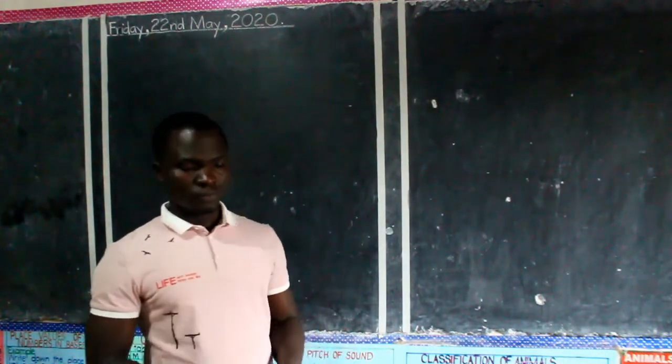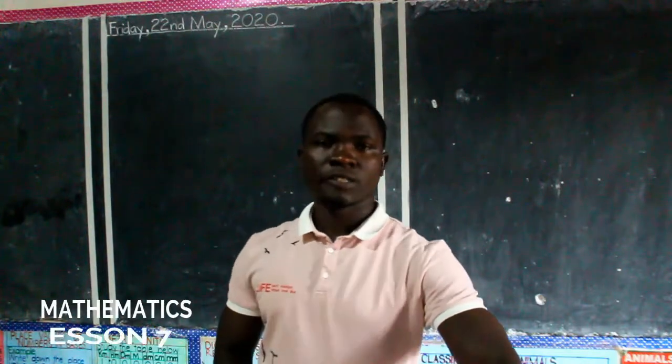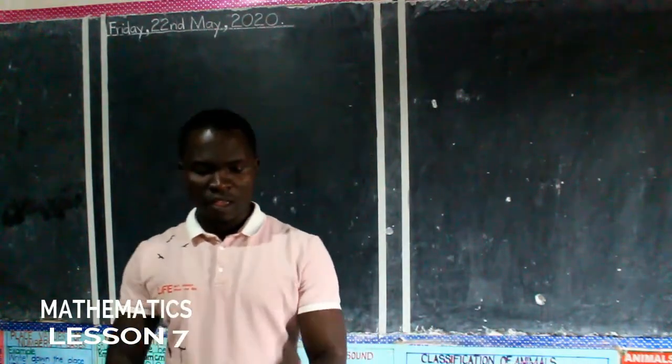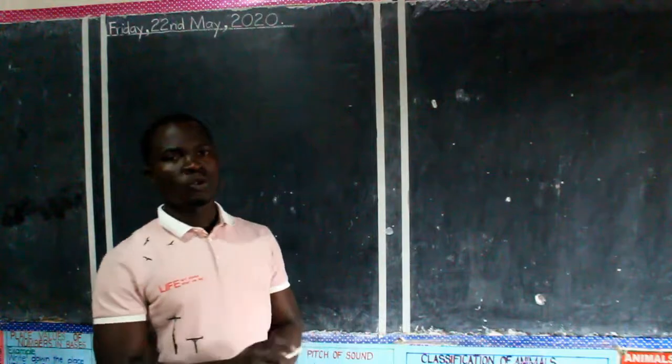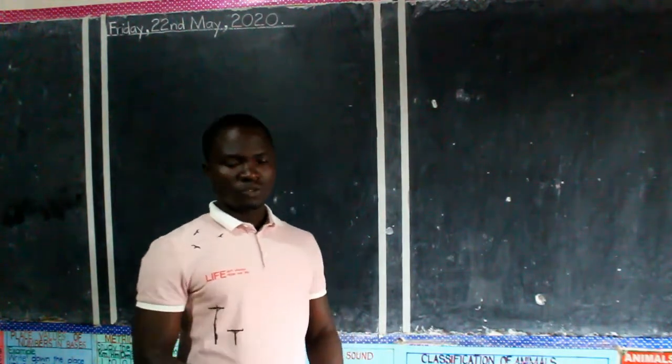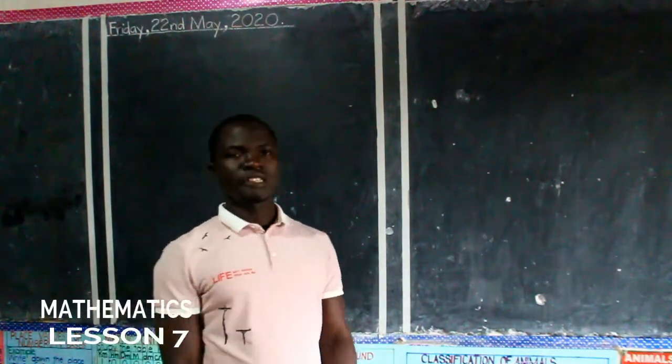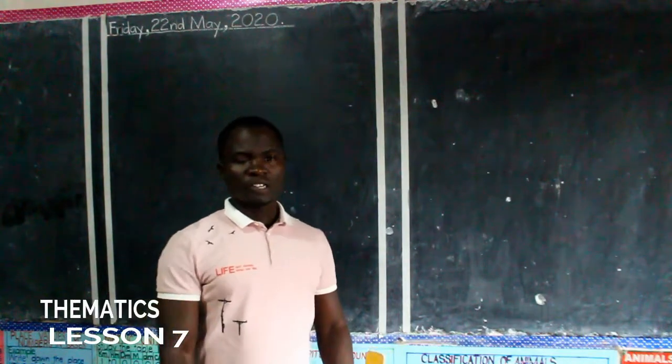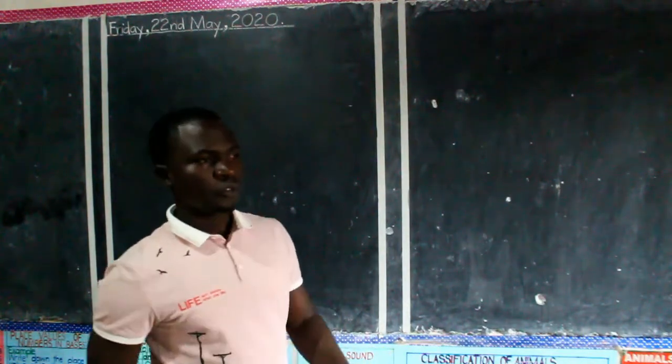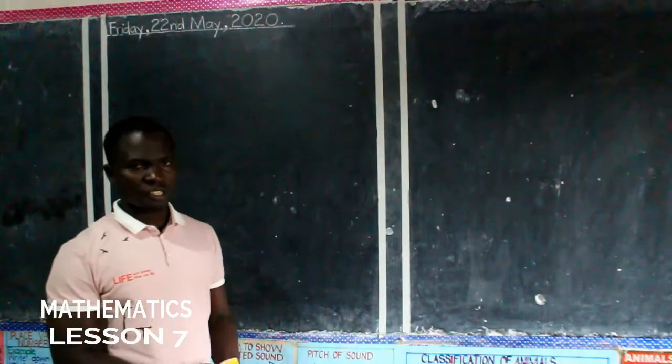But before we go to our today's math lesson, I want us to look at the work we did yesterday. I want us to quickly go through the work we did yesterday.